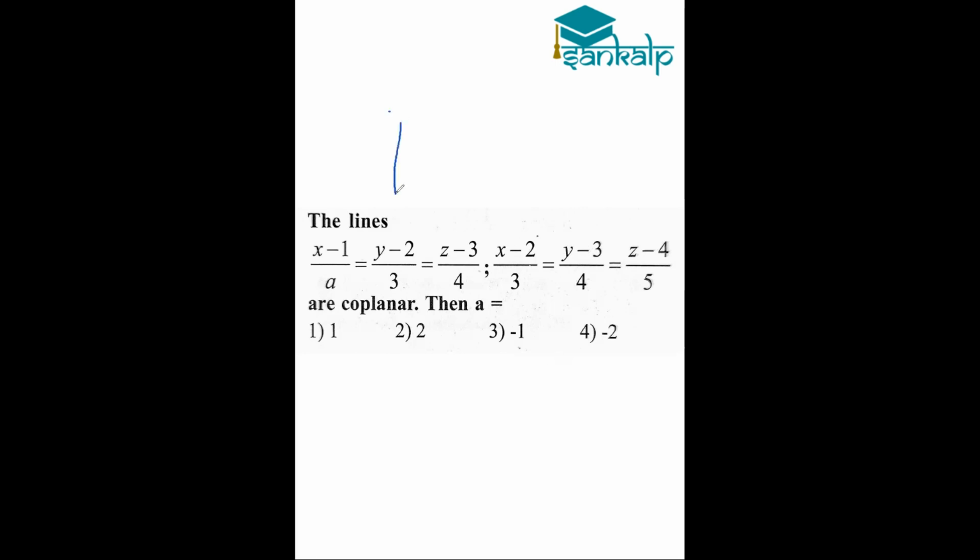So we know the condition for coplanar: the determinant with rows x2 minus x1, y2 minus y1, z2 minus z1, then a1, b1, c1, the direction ratios, and a2, b2, c2 is equal to 0.